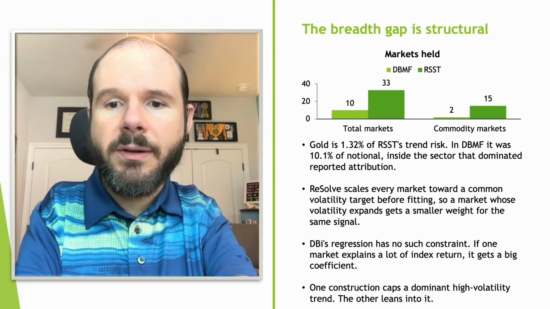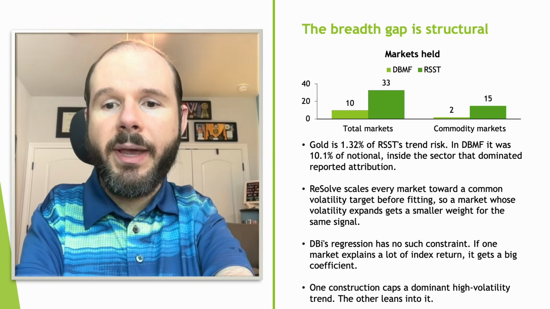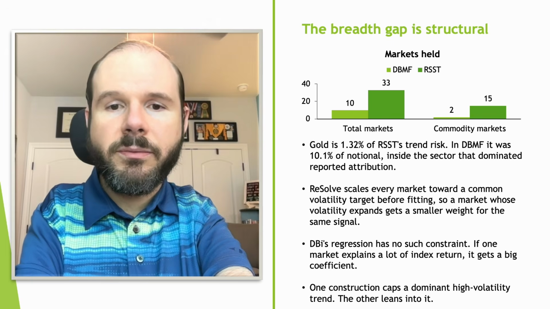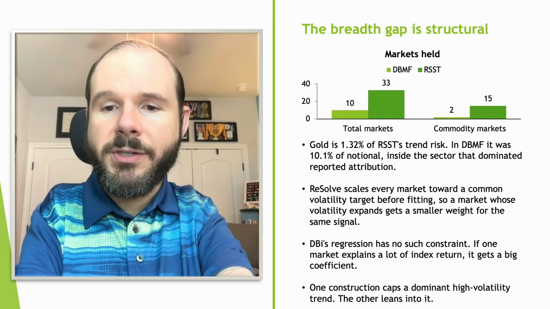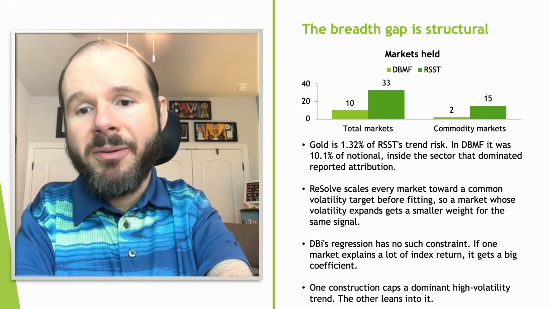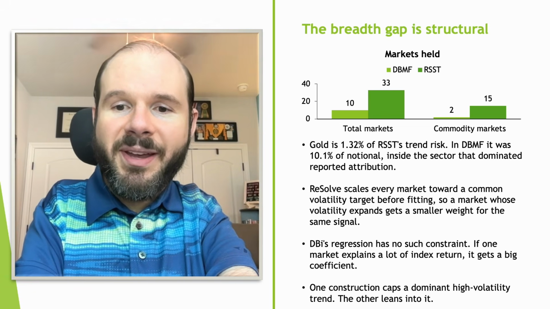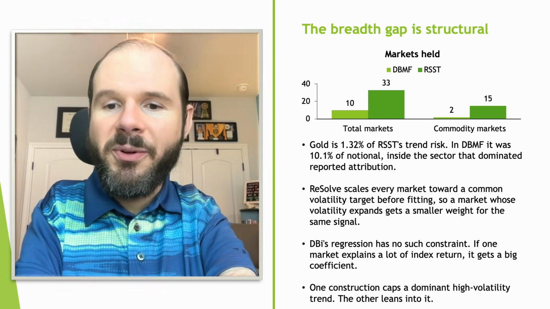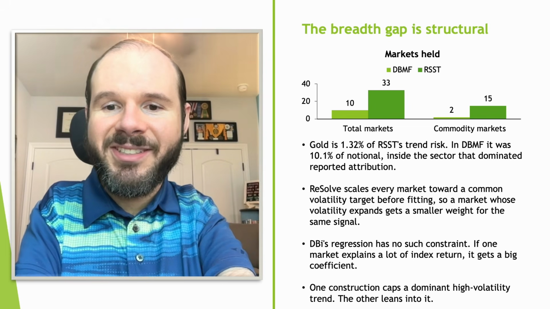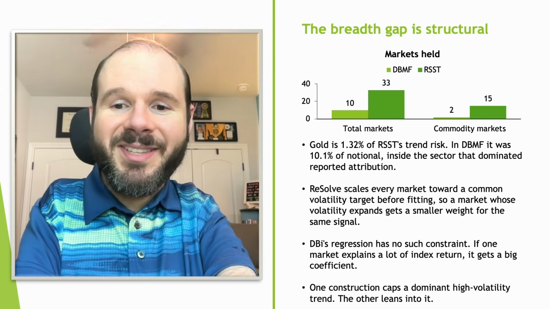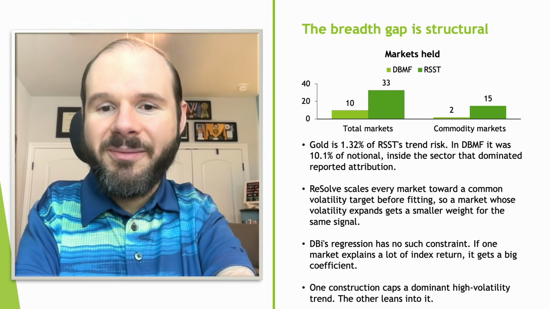So RSST and RSIT has a more complex, more sophisticated, more broad strategy that can be a good thing. It can also be a bad thing if it gets overcomplicated. I mean, we've talked about Makridakis here on this channel before. Simple often wins the day.